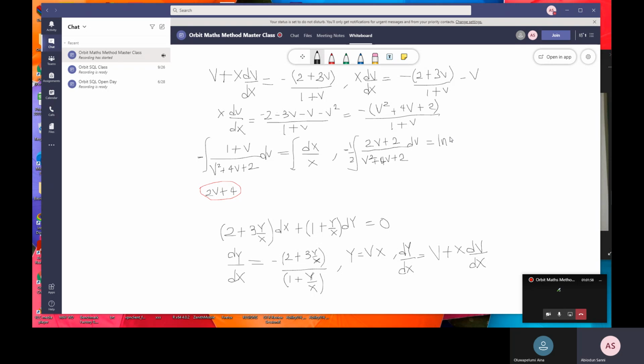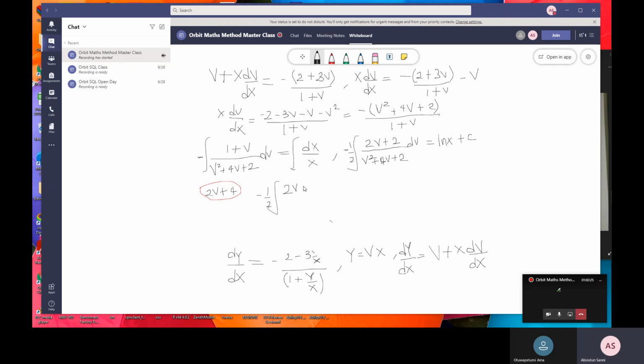Or let me say ln kx, or ln k. Let's say ln x plus c for now. But what I actually need at this numerator is 2v plus 4. You can still get there. So here now I'm going to do minus 1 over 2 integral of 2v plus 2.